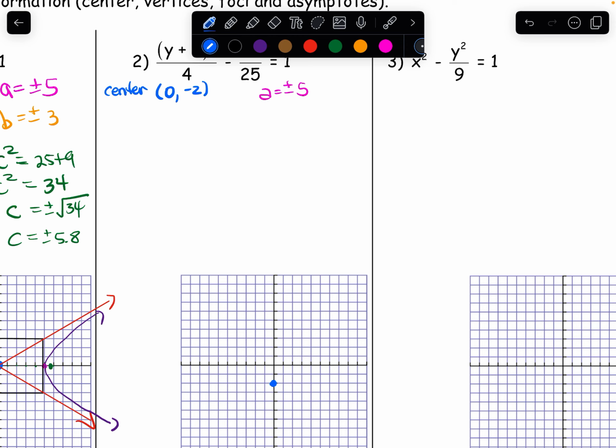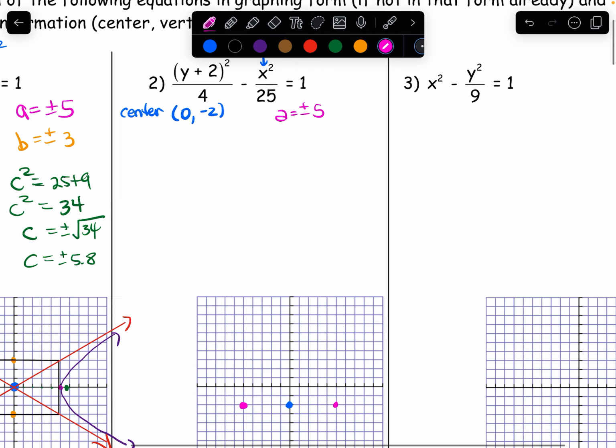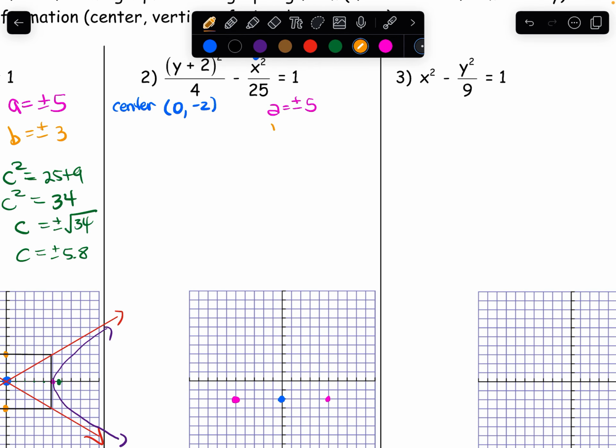And my a value is going to be 5 again. 1, 2, 3, 4, 5. 1, 2, 3, 4, 5. Okay. And then my b value, b's the orange. I look at the number underneath the y, and that's going to be 2. So I'm going to go up 2 and down 2.